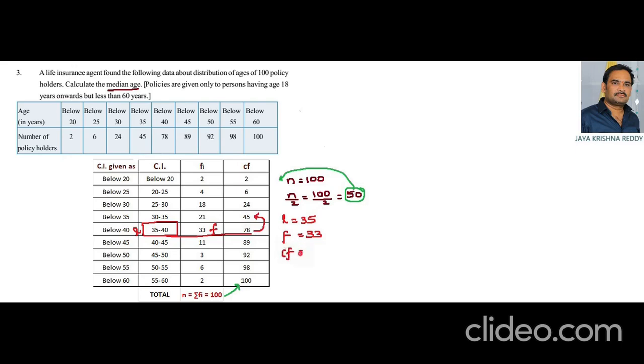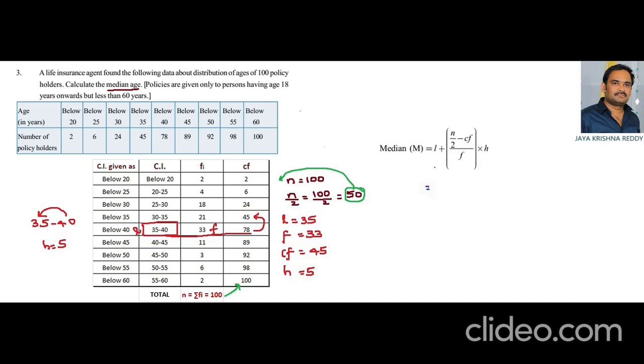So CF equals 45, and next we have to find the height H. The class interval is 35 to 40. What is the difference of these two numbers? 40 minus 35 is 5. So that is the height, H equals 5. Substitute these values in the formula.